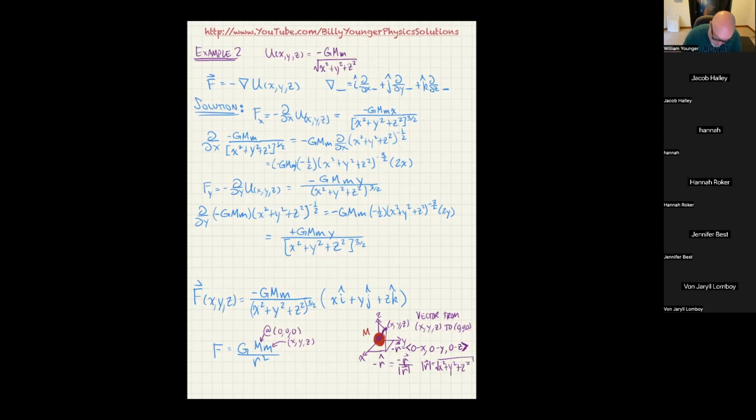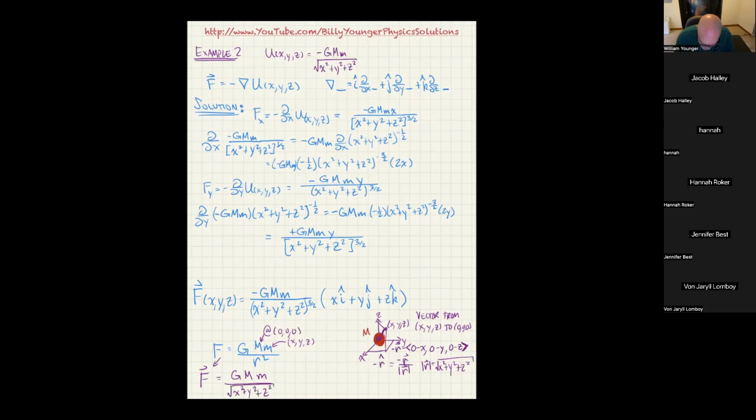So now, I'll do it in purple, F from this guy could equal GMM over, now I need the distance between the origin and the point XYZ. So that's going to be the square root of x squared plus y squared plus z squared.